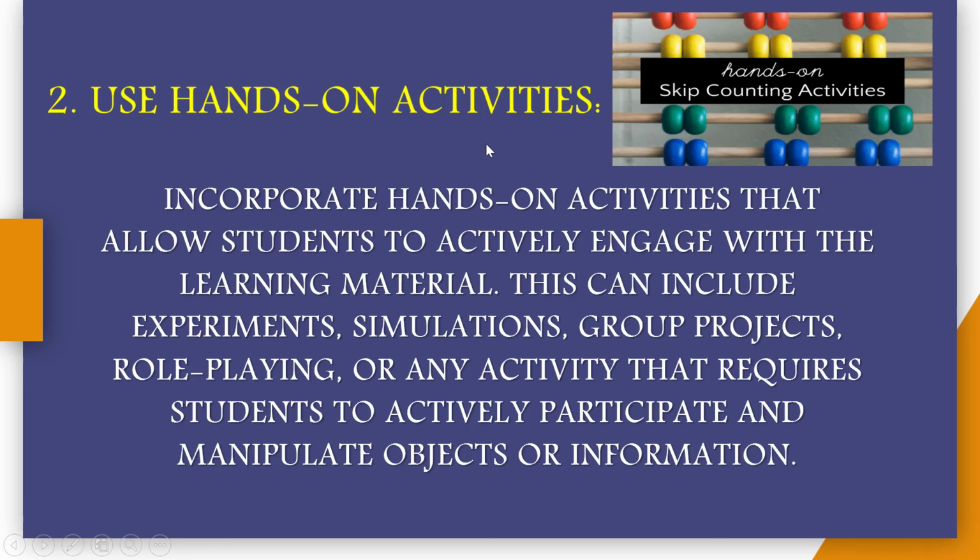The second step is to use hands-on activities. This is related to realia, to get some real objects or to let the students be involved in some real activities so they can master the learning objective. Incorporate hands-on activities that allow students to actively engage with the learning material, like for example this abacus, to help the students learn skip counting by twos.